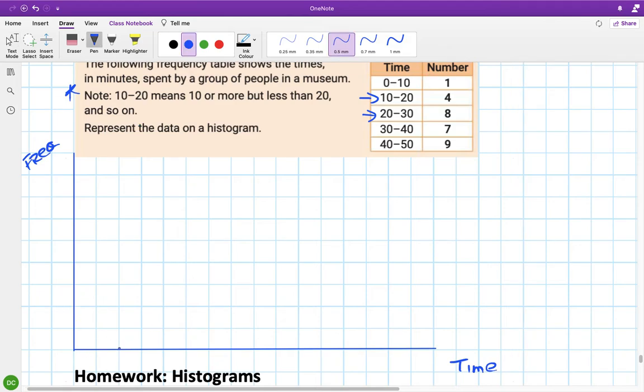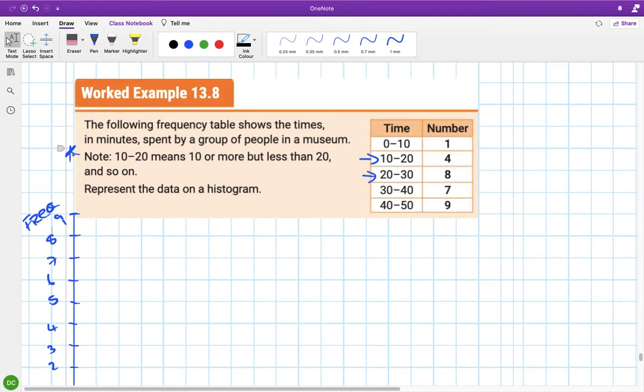So let's see: 0 to 10, 10 to 20, 20 to 30, 30 to 40, 40 to 50. Plenty of room. And we have room here: 1, 2, 3, 4, 5, 6, 7, 8, 9.